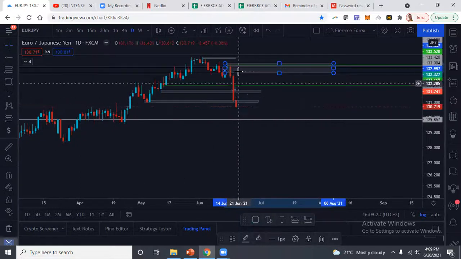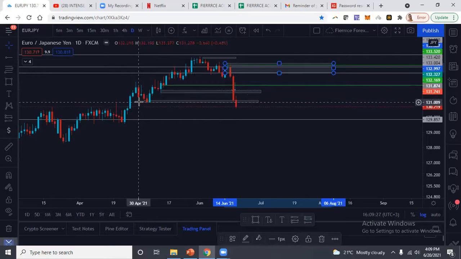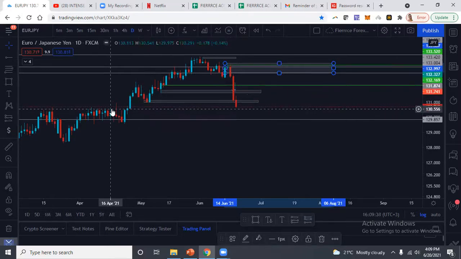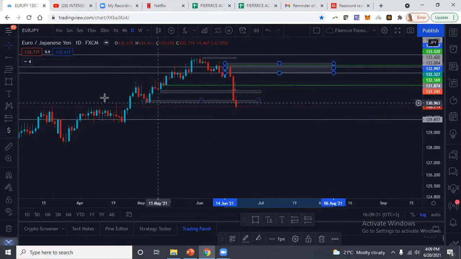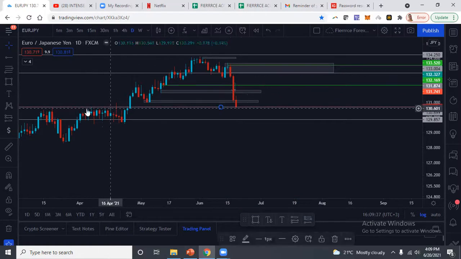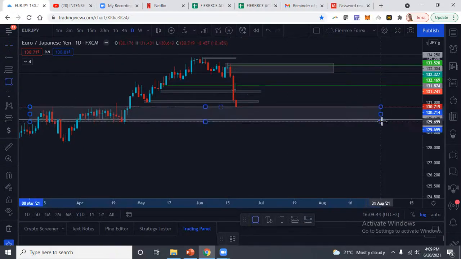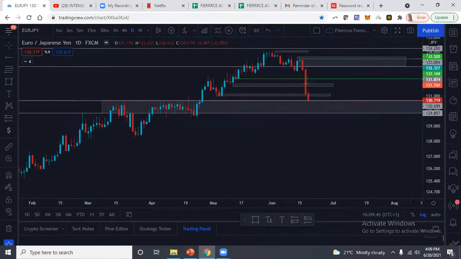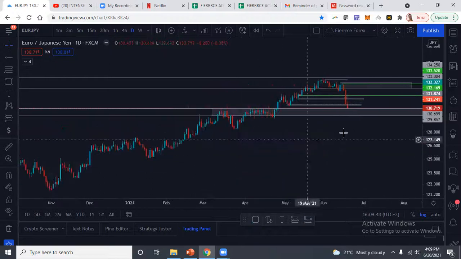Now Euro JPY dropped, broke structure at this level, broke structure at this level, and is now sitting at a very key level. If we look left, you can see this whole section here. This is a key area of structure. Whether we break through, that's the thing.